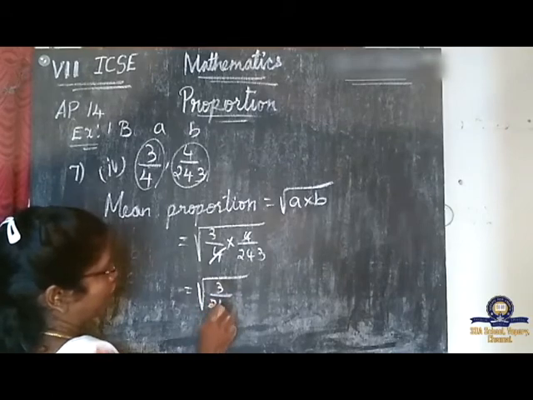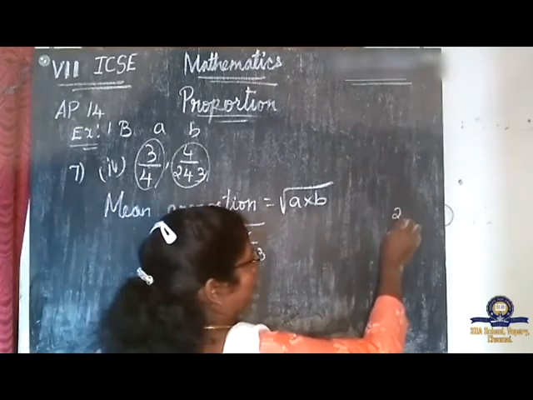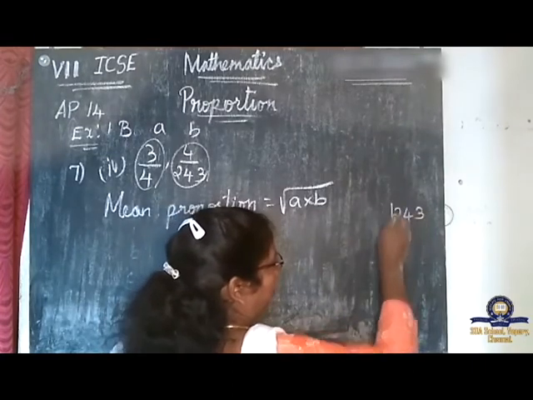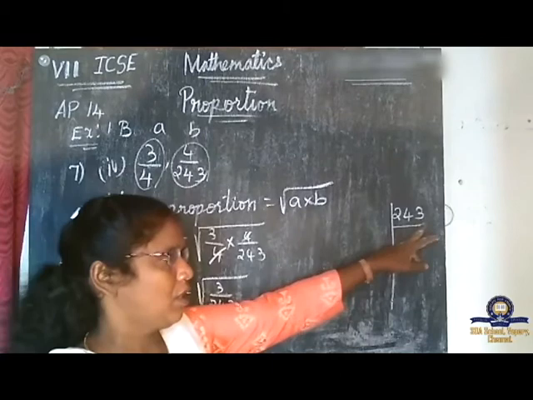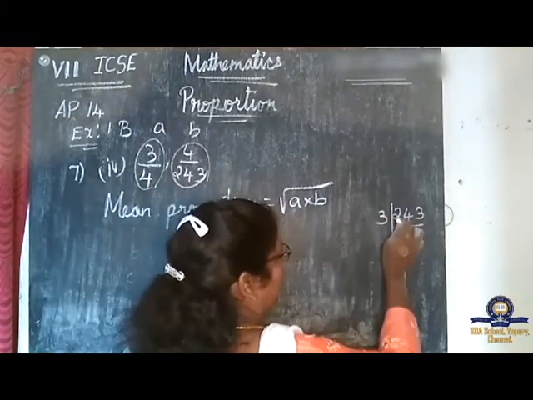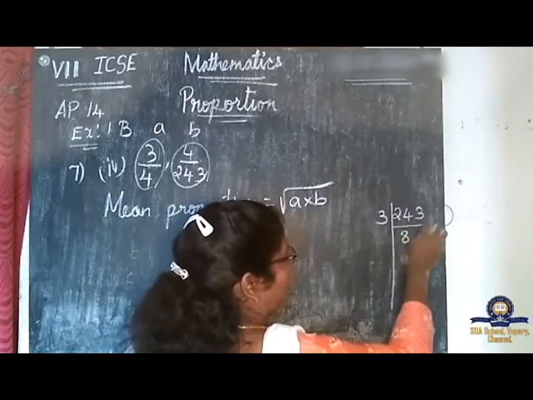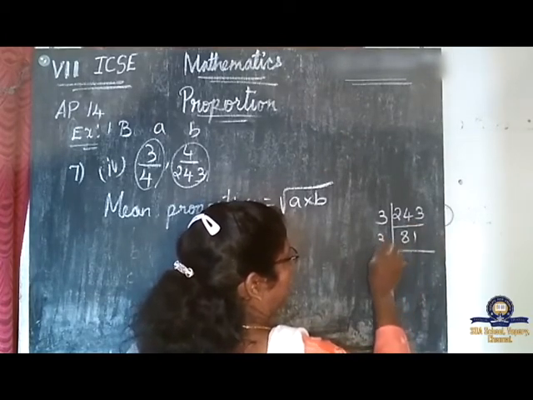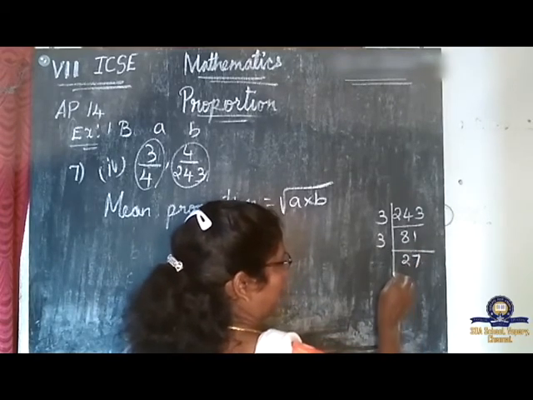3 by 243. For this 243 I am going to take prime factorization. Since the last number is odd, it will not go by 2. We'll try by 3. 8 3s are 24, remainder 3. Again by 3, 7 3s are 21.